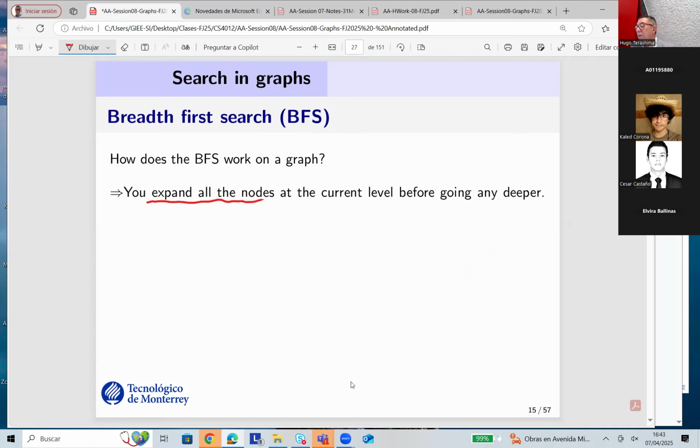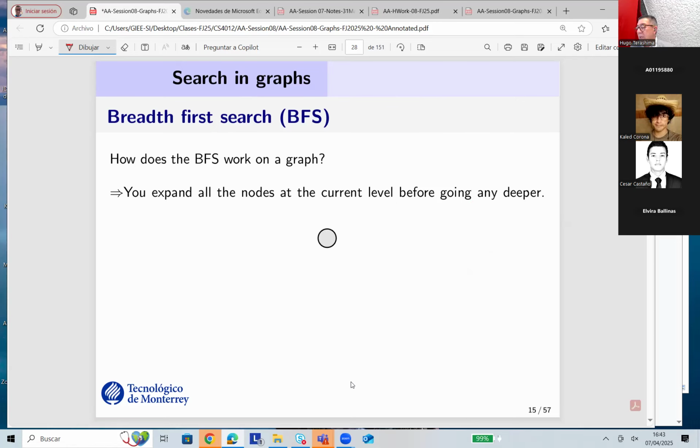You find all the nodes at the current level before going any deeper. So you search level by level. If you don't finish exploring all elements here, you cannot move to the next level, right? And that's the way it works.